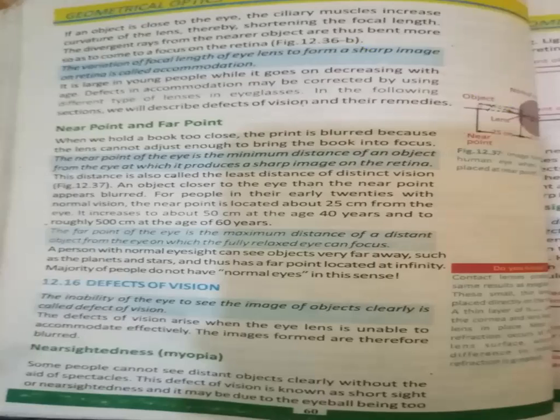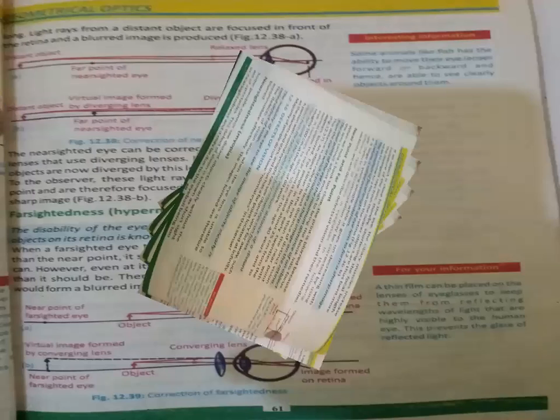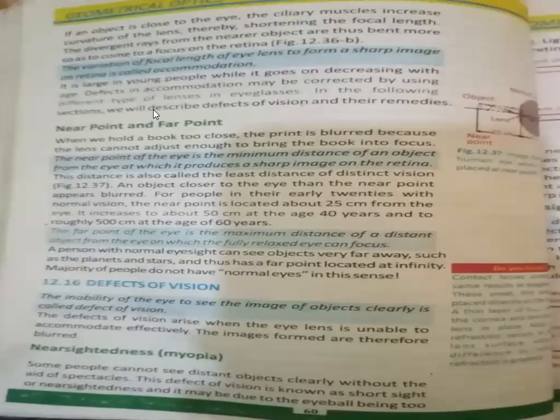This type of defect of vision is known as short sight or nearsightedness, and it may be due to the eyeball being too long.